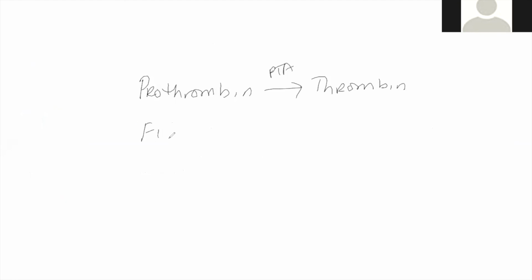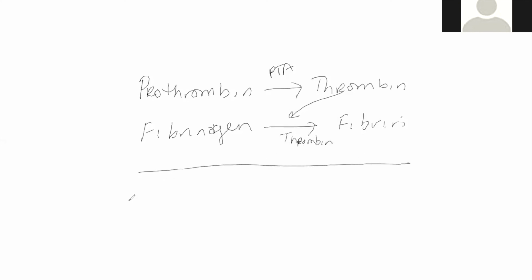And then we have fibrinogen converted to fibrin by the thrombin itself. So we have the thrombin there. And then what we have now is plasminogen, which is going to be converted to plasmin.